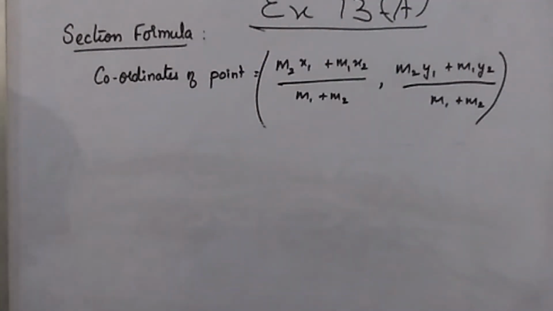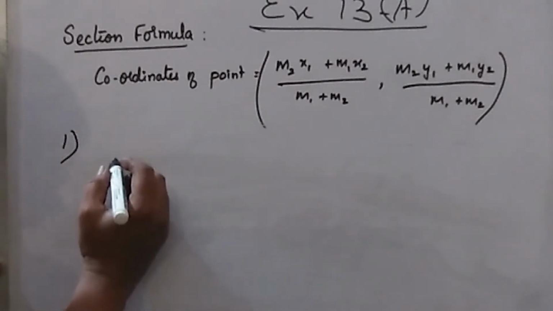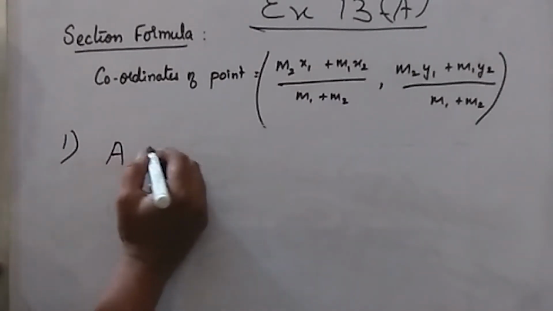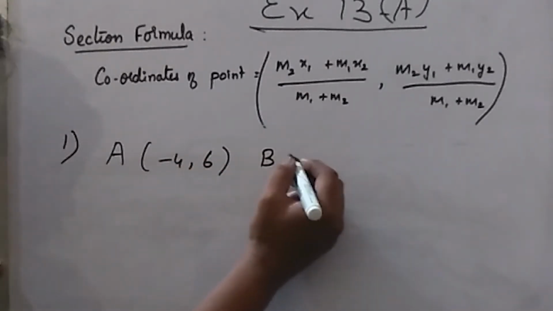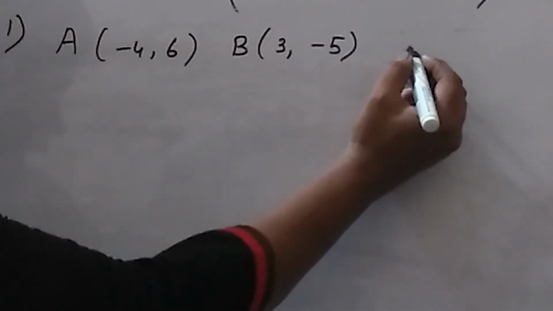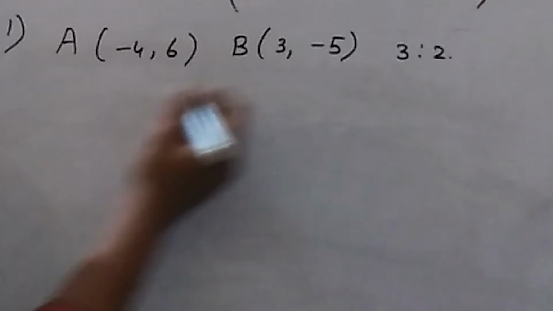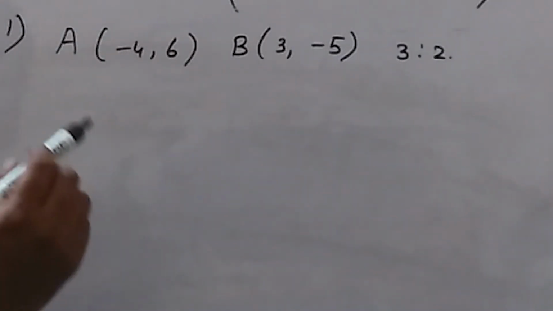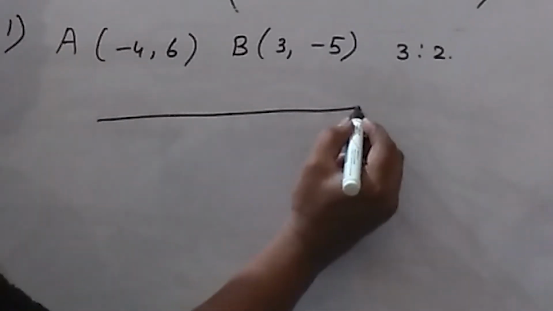First one. Calculate the coordinates of the point P which divides the line segment. Question 1. A is given as -4, 6 and B is given as 3, -5 and the ratio is 3:2. Draw the line.